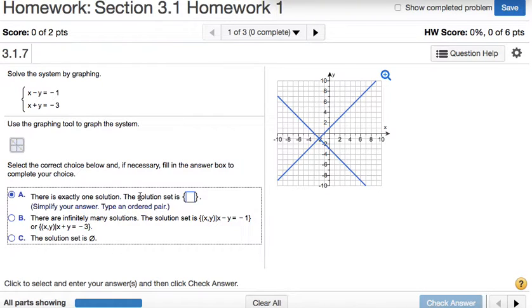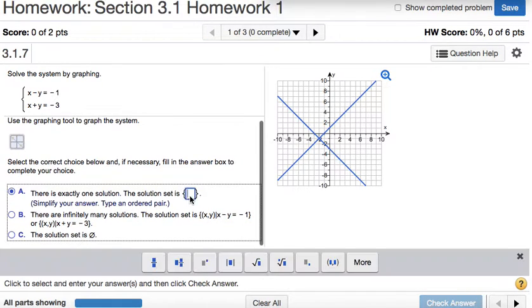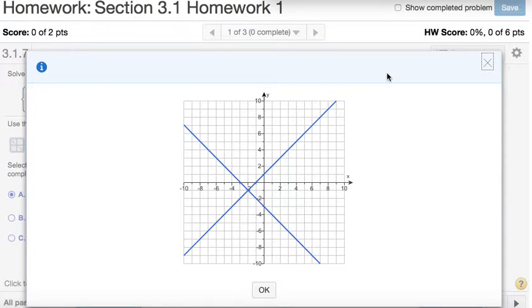You're always going to be clicking on A, and then in the box, you're going to type the coordinates of the point where the two lines cross. And if you can't see on the little graph very well, you can click on this magnifying glass to zoom in. So looking at this, it looks like the point where the two lines cross is going to be (-2, -1).